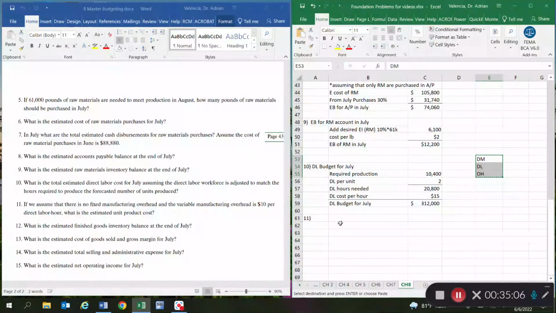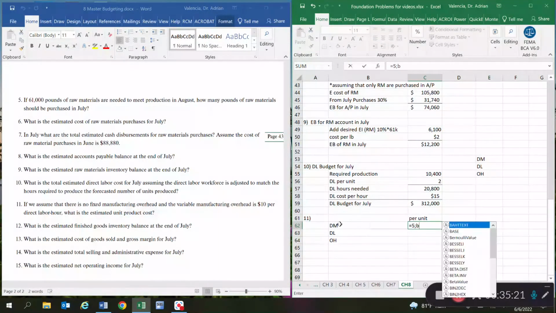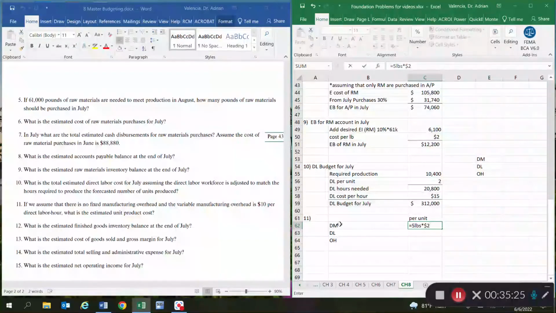So these are the factors of production, direct materials. Each per unit, each item consumes 5 pounds of raw material, and each one of those pounds, if you recall, costs $2. So in terms of direct materials, we're spending $10 per good.